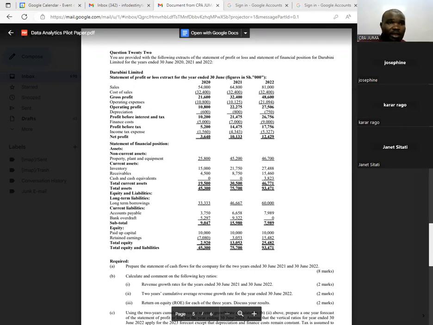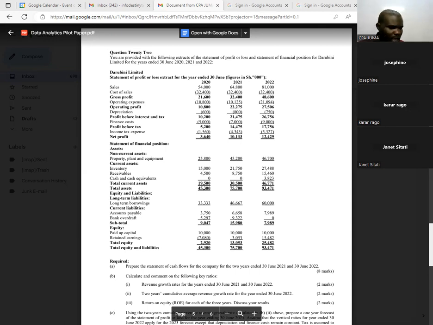Statement of cash flows for the year ended. The year is ending in June, 30th June. So you say 30th June; June you can write whichever way. Then because there are 2 years, I'm indicating dots for the 2 years.